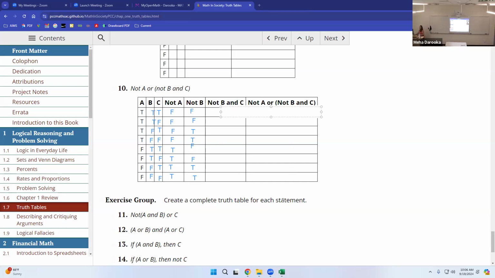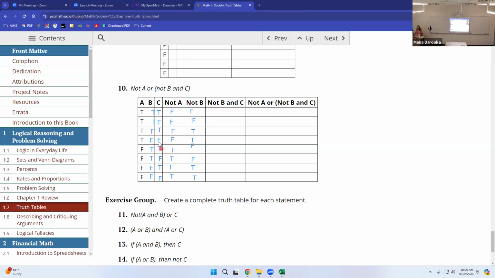Let me use my little pointer. You will see how these first four values were trues. In the negation column, those first four values became false. The last four were false, so you switch that to the opposite and they became true.